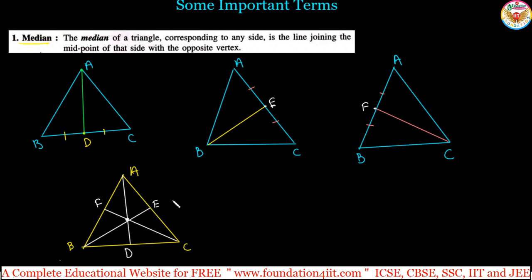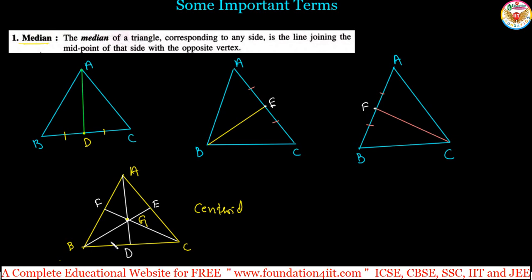The triangle has three medians, and all three medians are always concurrent. Concurrent means they intersect each other at one point only. So this intersecting point we call the centroid, which we denote with G. The point of intersection of the medians is called the centroid.